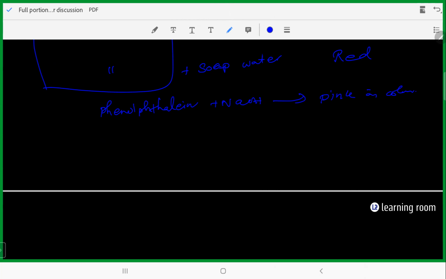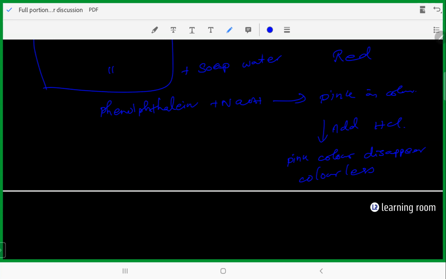If you add HCl solution drop by drop, the pink color disappears, or otherwise the solution becomes colorless.